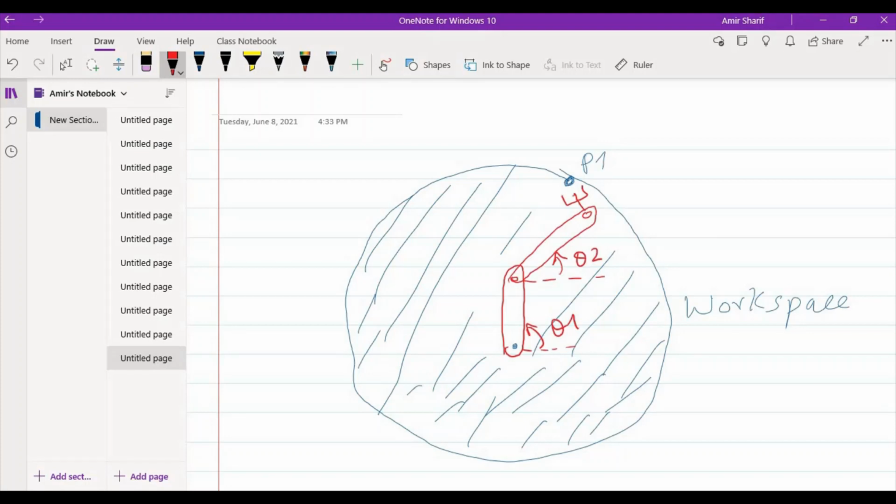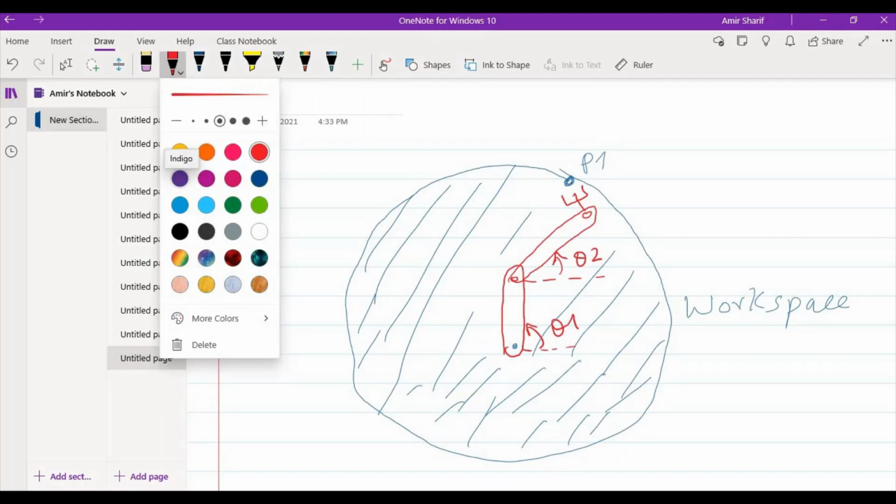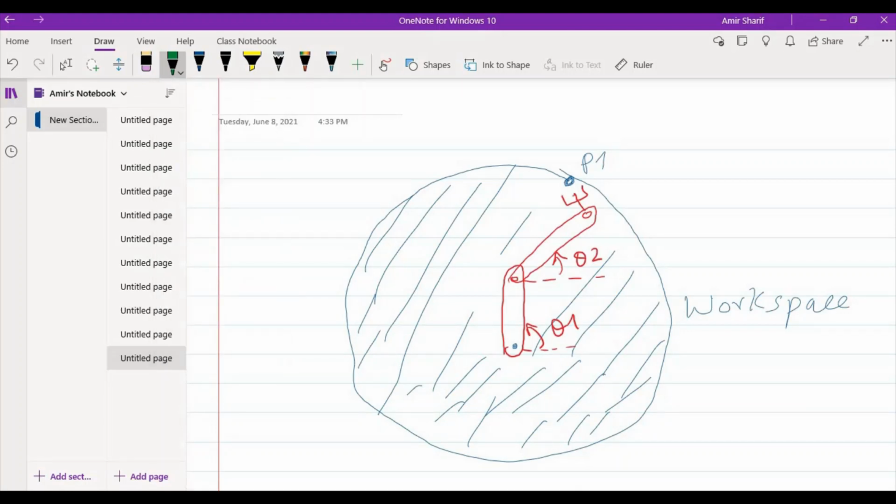But this workspace point P1 can also be achieved by an alternative configuration of the robot. For example, if your robot looks something like this, it has link 1 here and then link 2 here.